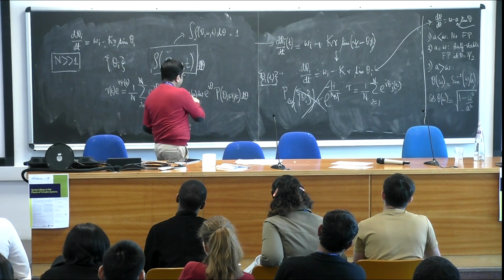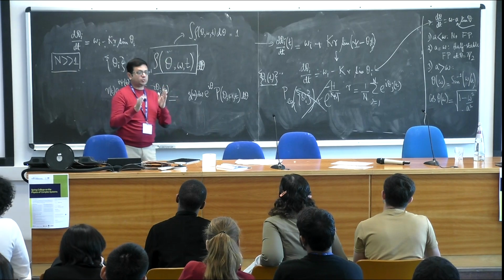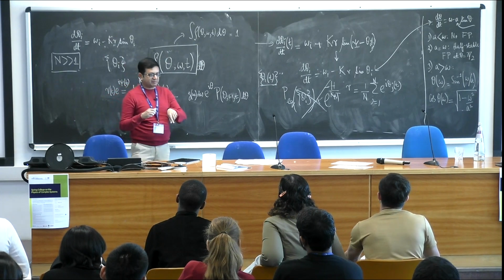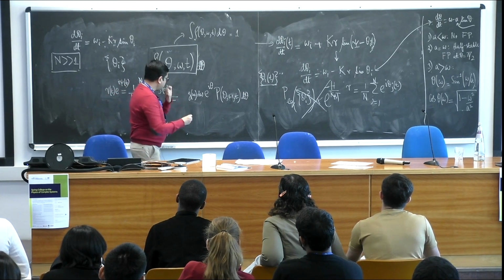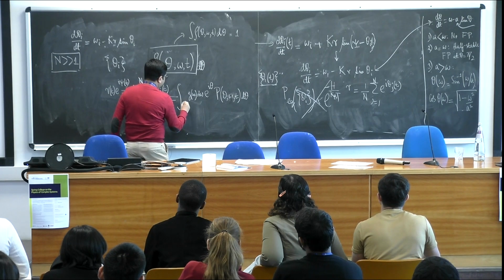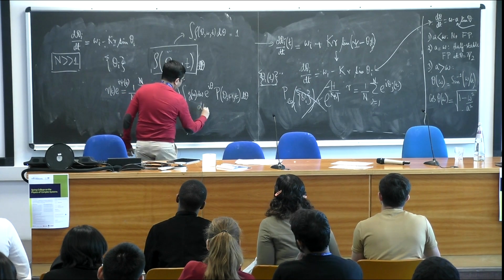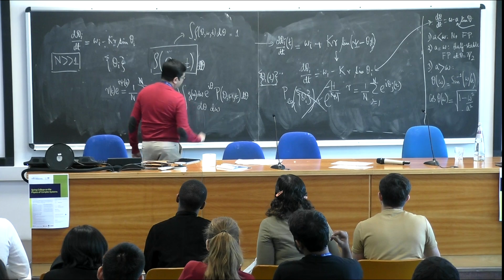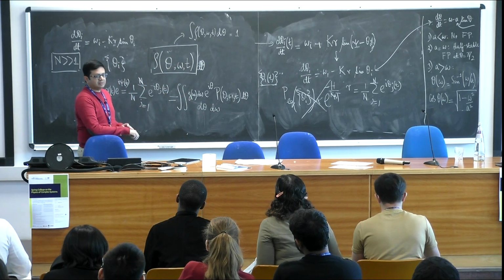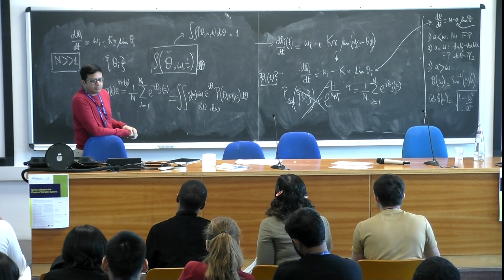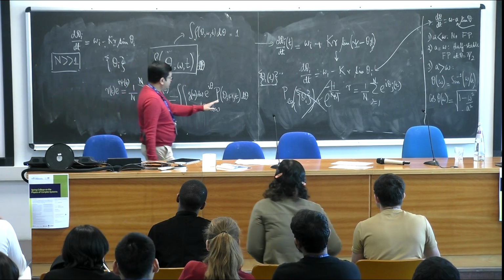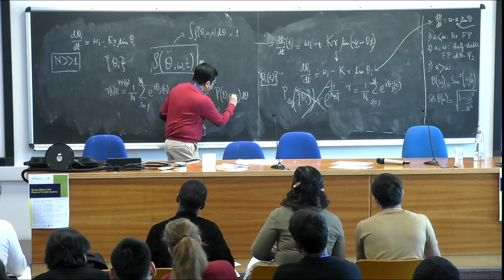But g omega d omega will give me the total number of oscillators with frequency omega. And then I do two integrations. One integration is over theta, one integration is over omega.